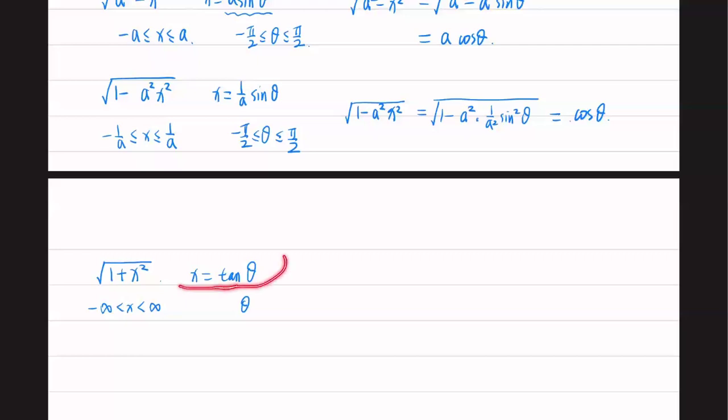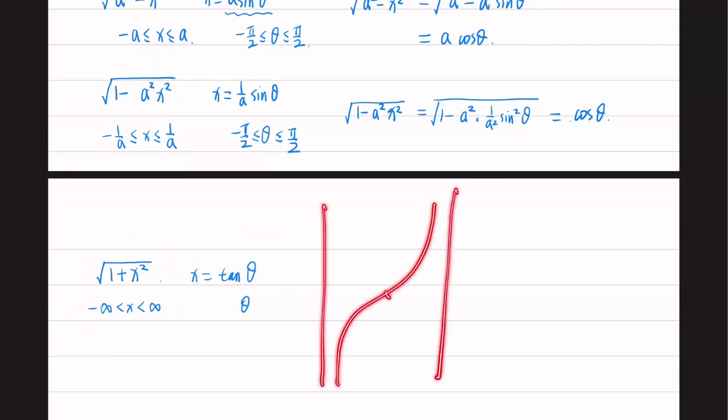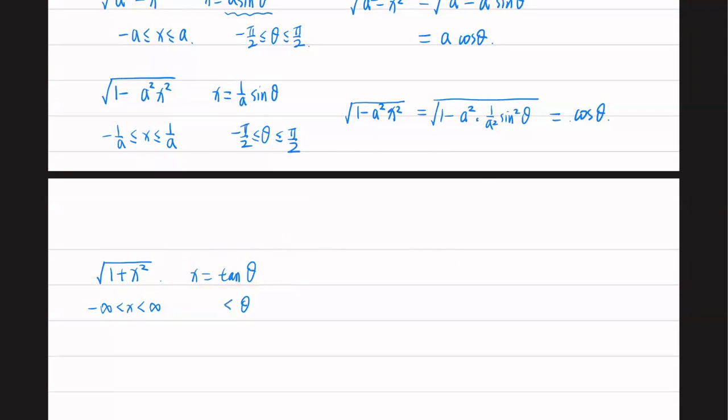The point for the substitution is that it's 1 to 1. What do you see for theta? Sakina? It must be 1 to 1, because tangent over one period goes from negative pi over 2 to pi over 2. This is enough, we don't have to go further. We just take negative pi over 2 to pi over 2.